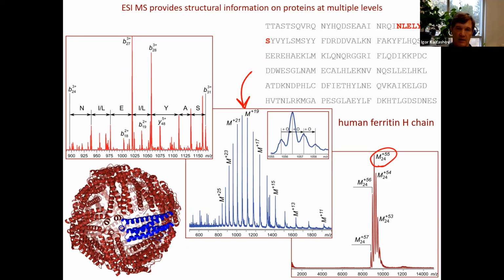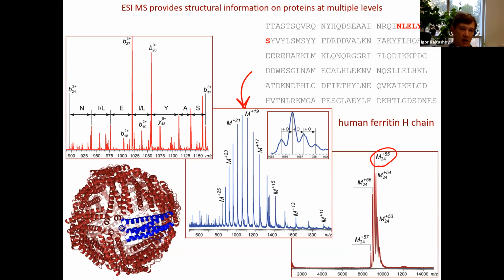And the reason for that is that ferritin in the native environment is not a single protein. It's an assembly, a hollow sphere, as shown in the lower left corner of my slide. It's a hollow sphere made of 24 identical subunits. I highlighted one of them in blue, but there are 23 others.